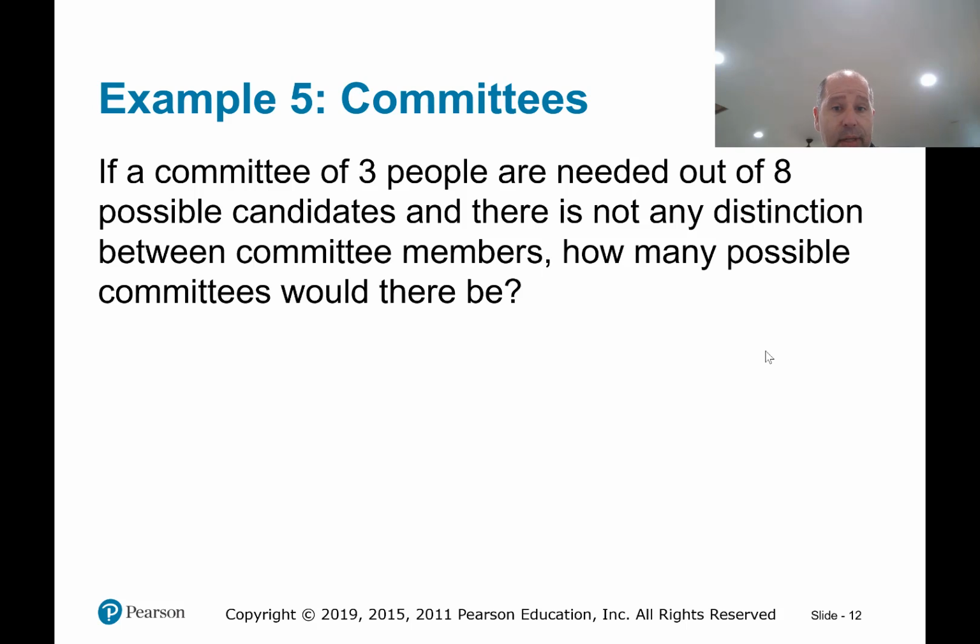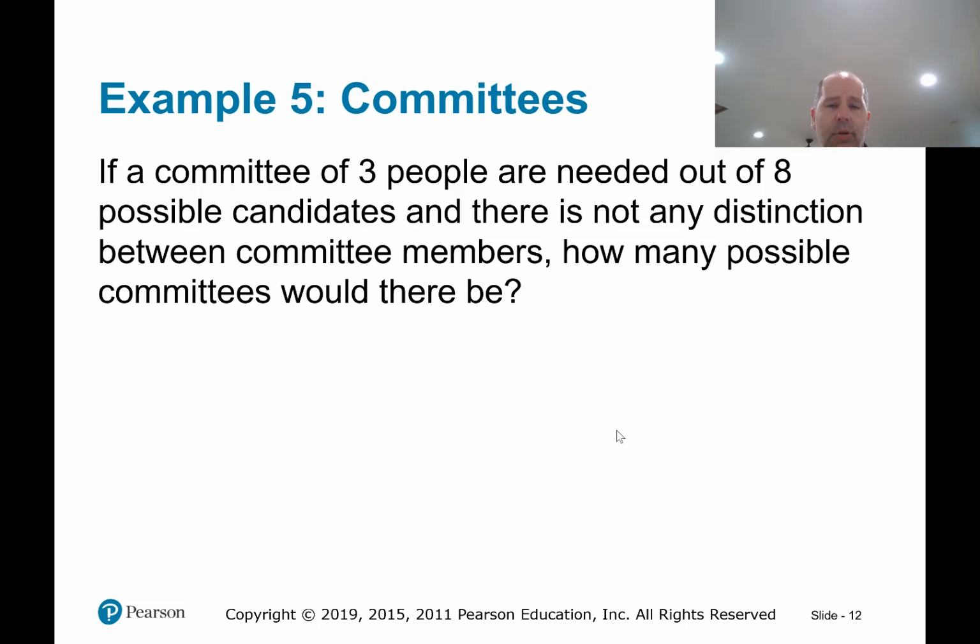So in this case, we're dealing with combinations. The first thing I would do is just figure out what the permutation is. We have 3 spots to fill. For the first spot, we have 8 choices. The second spot, we have 7 choices. And the third spot, we have 6 choices. When we multiply those together, we get the number of permutations.